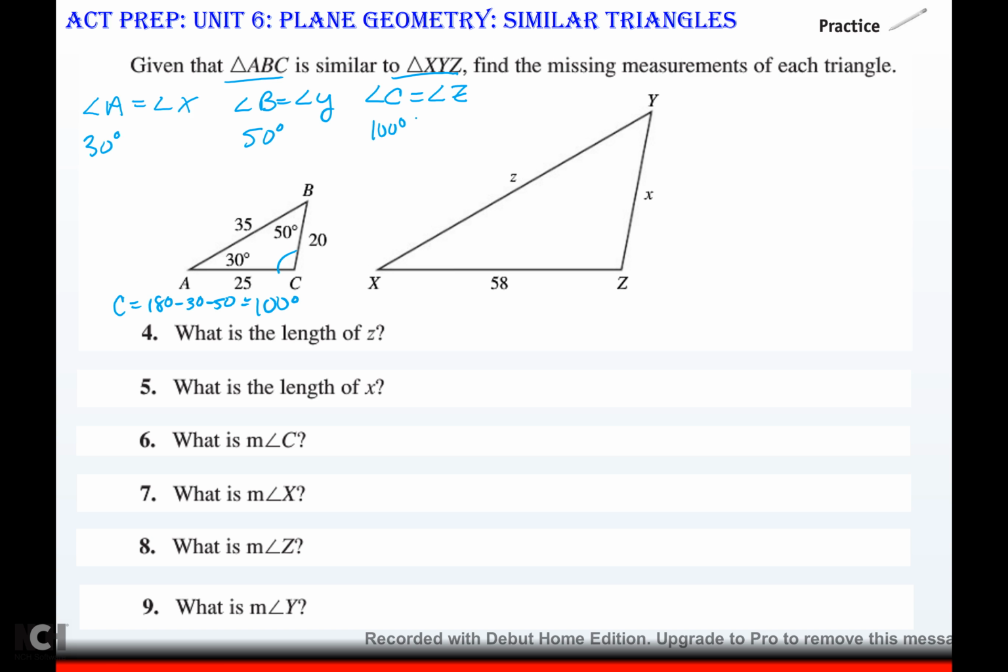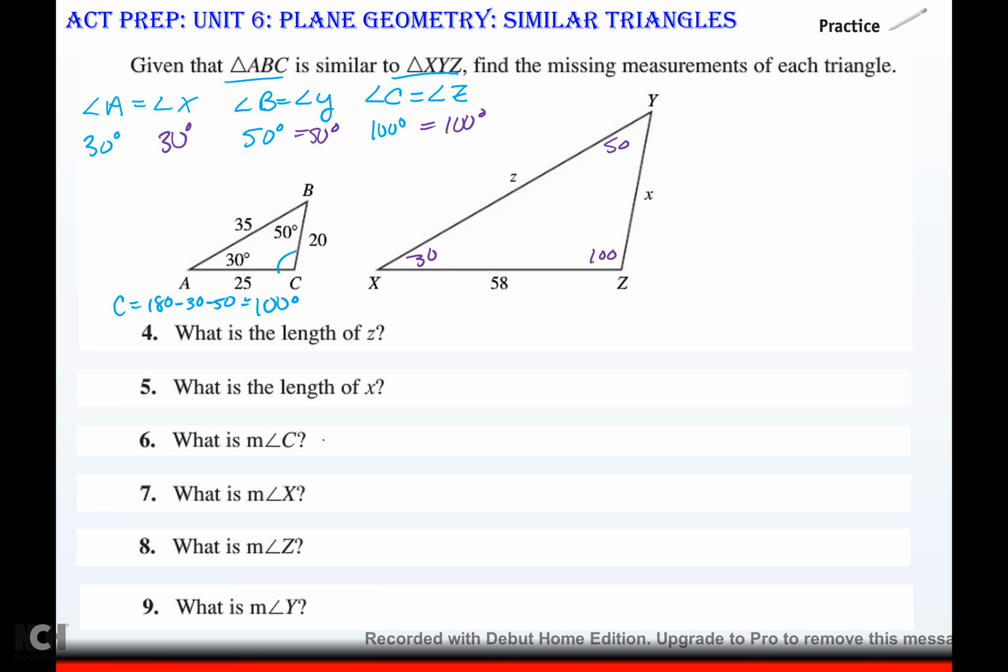So that tells me that angle X equals 30 degrees, angle Y equals 50 degrees, and angle Z equals 100 degrees. Okay, so we've got our angles.